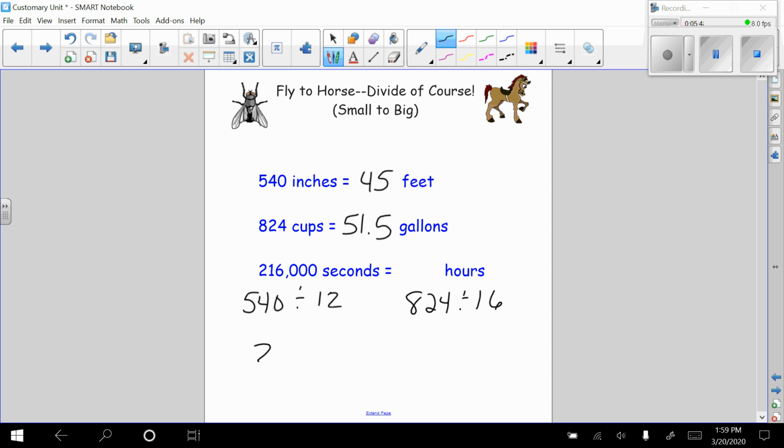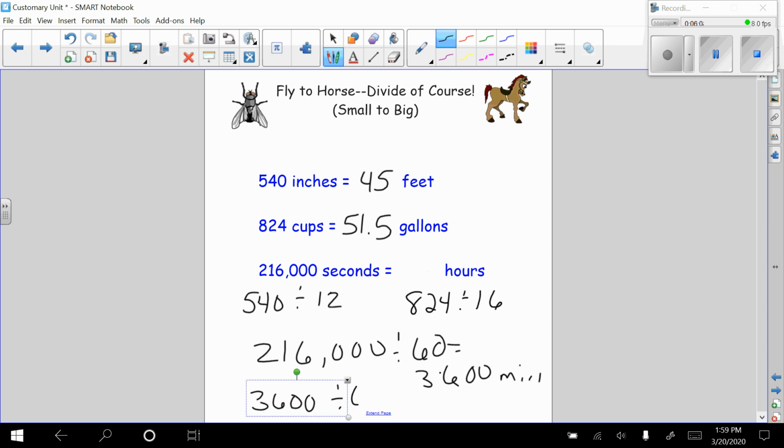So if I take 216,000 and divide it by 60, I'm going to come up with 3,600 minutes. Now divide that by 60 again. So 3,600 divided by 60 is going to tell me how many hours. That's actually 60 hours that I would have for 216,000 seconds.